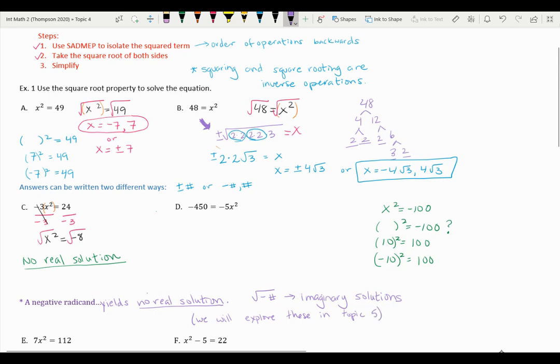And we're not going to talk about those until we get to topic 5. Remember, a negative radicand, that means a number underneath the radical is negative. That gives me an imaginary solution. So your answer is going to be no real solution.